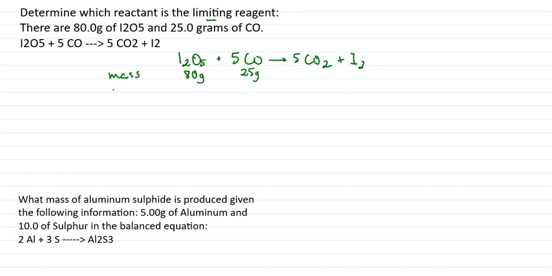Okay, so always figure out the number of moles, right? And that we know to be mass divided by molar mass. So we get 80 grams and 25 grams for carbon monoxide. We're going to divide each of these by their molar masses.